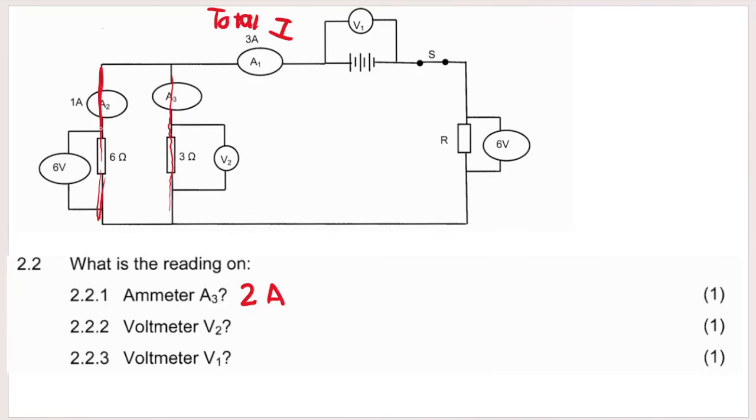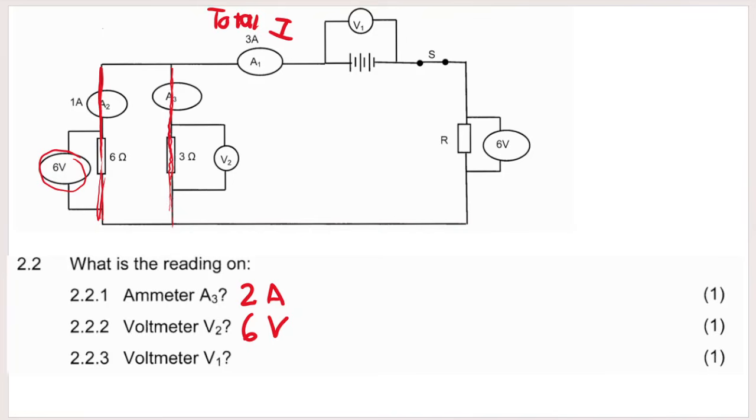This branch will have the same voltmeter or voltage reading as this branch. Okay, so when the branches are connected in parallel, they have the same voltmeter readings. So the voltmeter reading across this branch is 6 volts. So because these are connected in parallel, V2 will also read 6 volts.